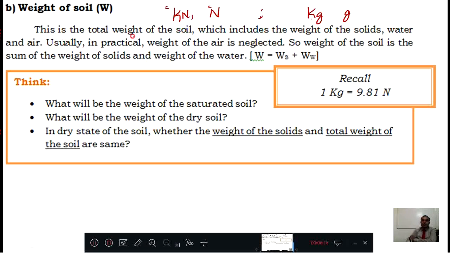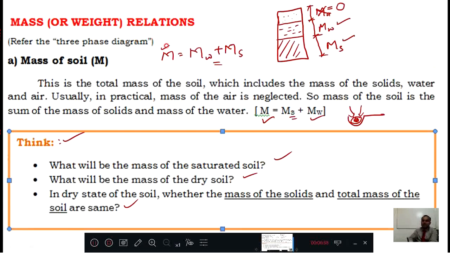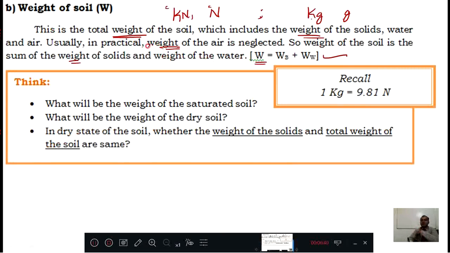This is the total weight. Here the word is changed: weight of the soil, which includes the weight of the solids, water and air. Usually in practice, the weight of air is neglected. So the weight of the soil is the sum of the weight of the solids and water. Therefore, W equals Ws plus Ww. Everything I said in terms of mass, I am explaining here in terms of weight.